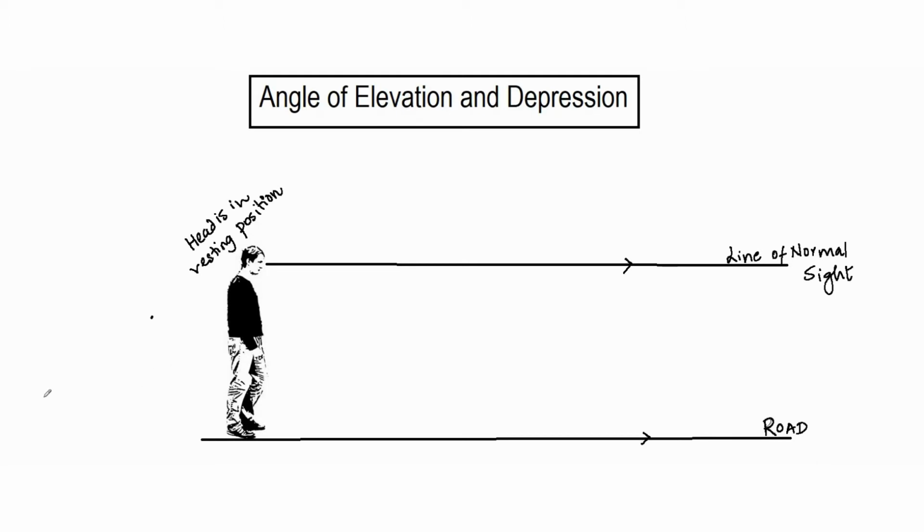Now let's imagine that he wants to see an object up in the sky. Let's assume that the object is a bird. If he wants to see this particular bird, then he has to lift up his head, and to watch the bird, his head will be lifted, his eyes would be lifted, and this is going to be the line of elevated sight.